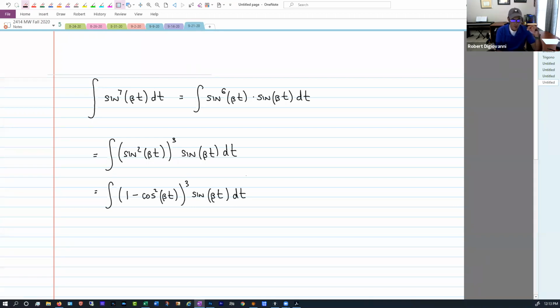So the whole point of all of this, peeling off the sine and rewriting everything in terms of cosine, is so that now you can make a substitution. Basic substitution, u is what? Cosine beta t.